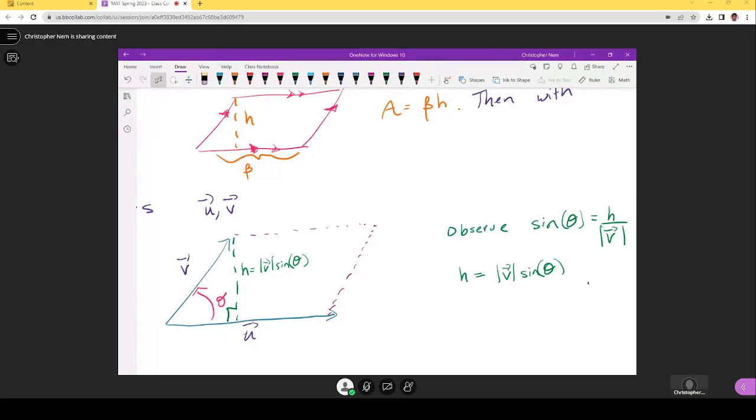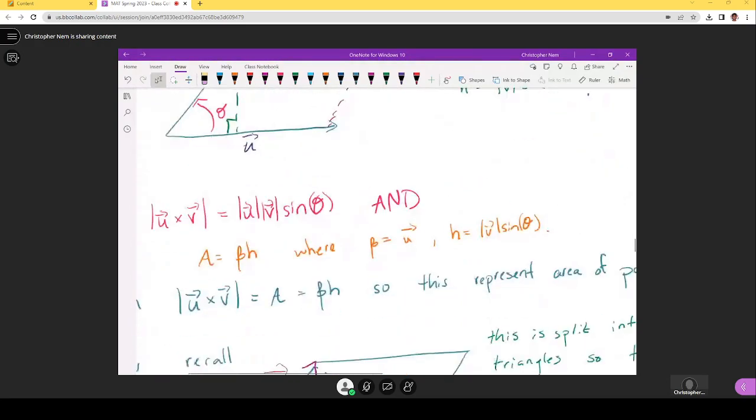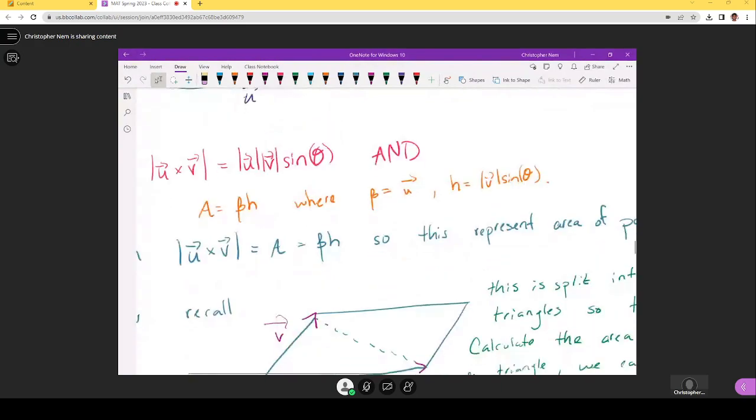That means I can rewrite the area of a parallelogram as the magnitude of u times the magnitude of v times sine theta. But wait, that's exactly the magnitude of u cross v, which means they're exactly the same. So the magnitude of the cross product will give me the area of the parallelogram constructed by the vectors v and u. That's a very powerful thing.